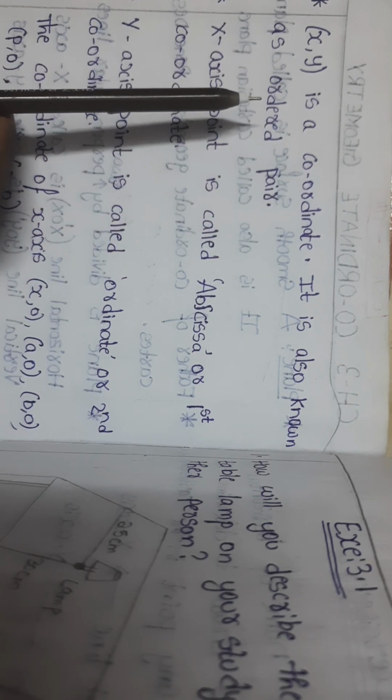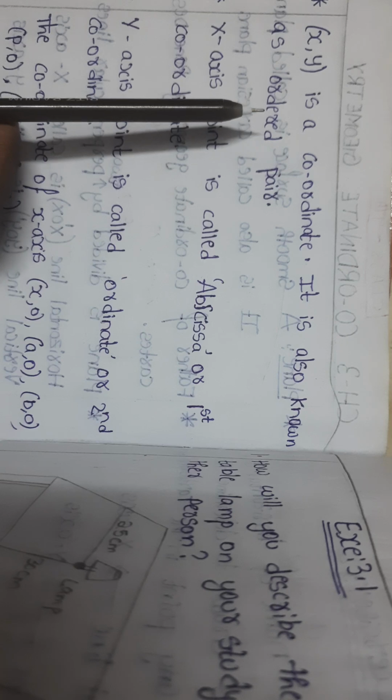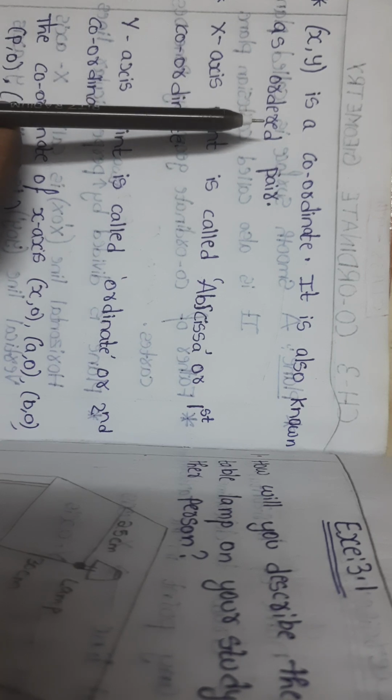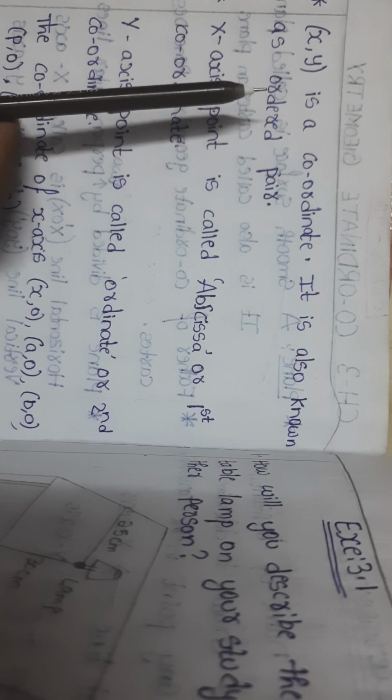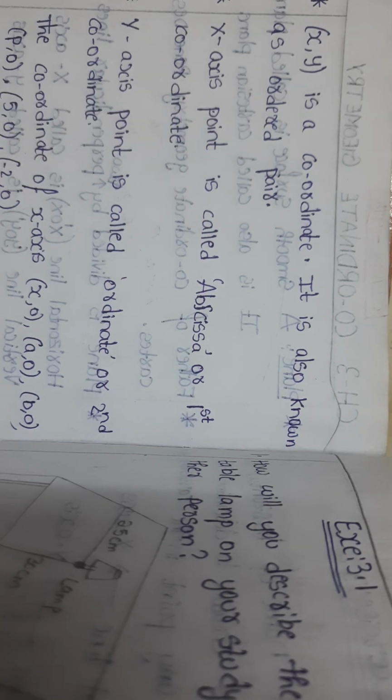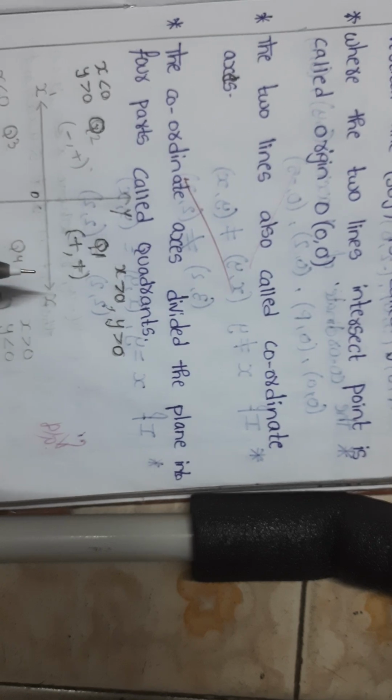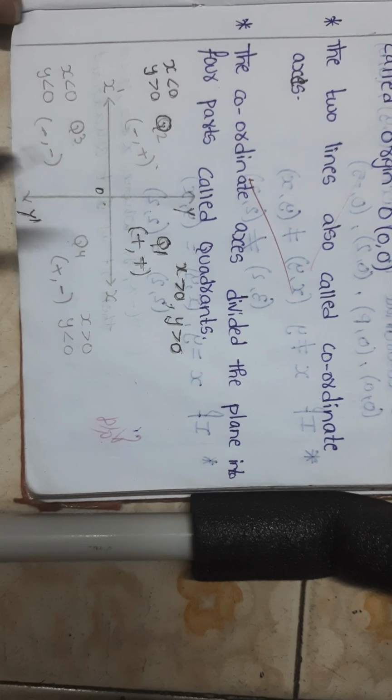It represents one sharp point in a plane. One sharp point will be present at one place in a plane. That is a coordinate. Now we are going to discuss again the coordinate axes divided into quadrants.